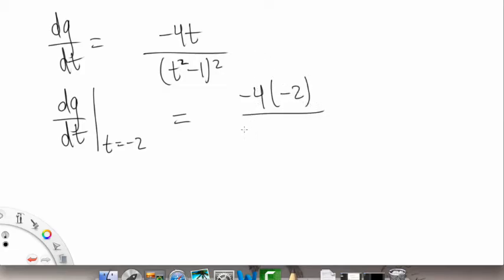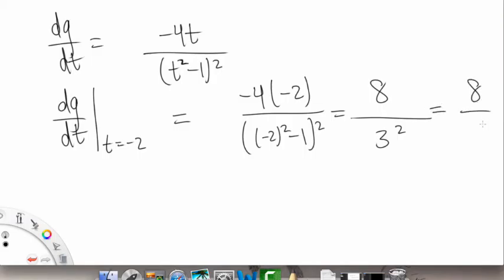So when we do that, we get (-2 squared minus 1) quantity squared on the bottom, and on the top we get a positive 8. On the bottom we get a positive 4 minus 1, so that would be a 3, and then squared, so that would be 8 over 9. So our final answer, the derivative of g evaluated at t equals -2, is going to be 8 over 9.